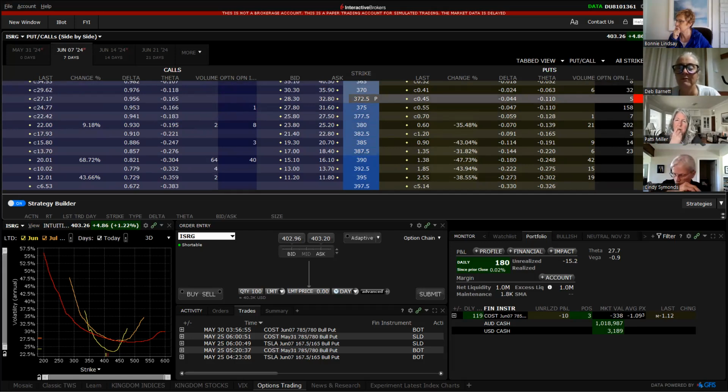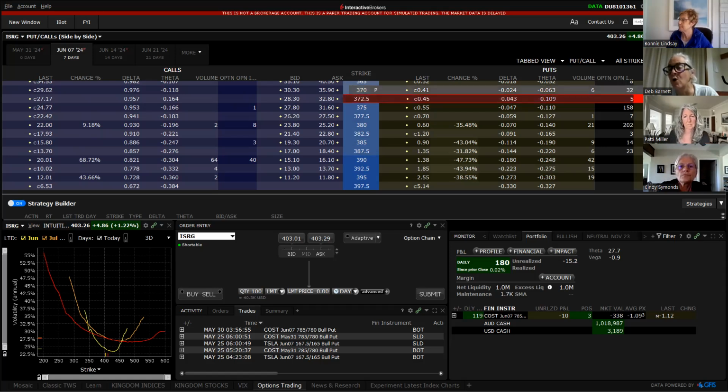372.5. If you look where I've got my cursor right now, under bid, and it's red, I push there and then I go up one row and over to do my ask. The two numbers I need to remember, because you can't find these again once you place your trade, are the 25 cents and the 70 cents.